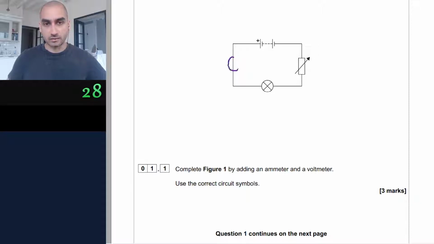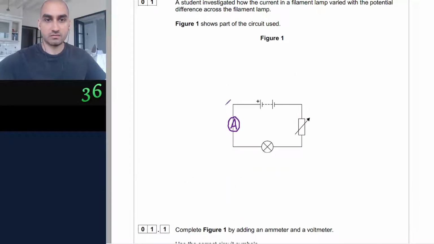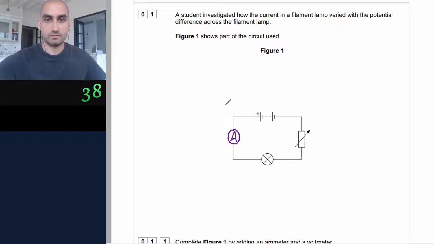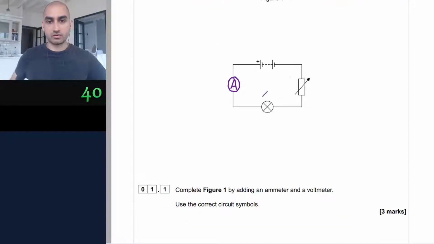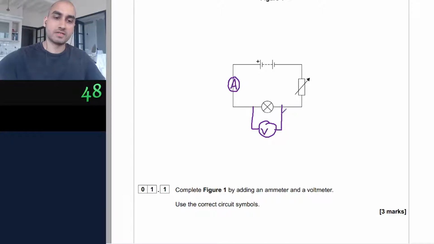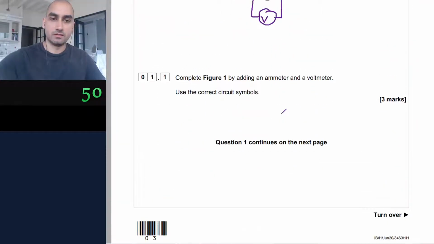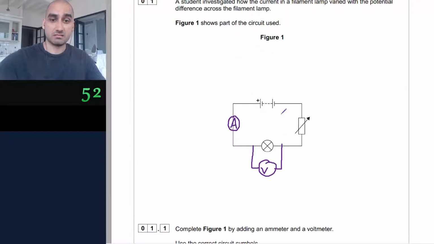Let's put it here. I think it's just an A, isn't it? And a voltmeter. What are we measuring again? So you would put it across the lamp, like that. Those are symbols? I think so. 3 marks!